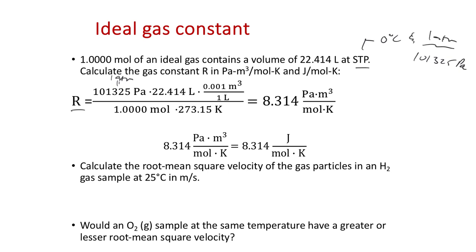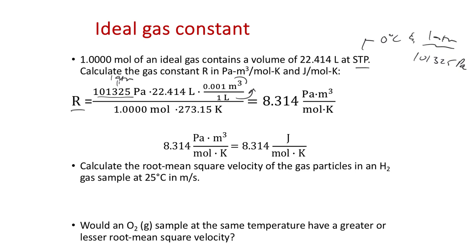So we're plugging in standard pressure in Pascal, times the volume in liters. We're going to convert liters to cubic meters, because cubic meters is the actual SI unit of volume. This is either a straight conversion, or, if you recall, we could have converted a liter to milliliters, a milliliter to cubic centimeters, and then to cubic meters, but it boils down to 0.001 cubic meters in 1 liter.